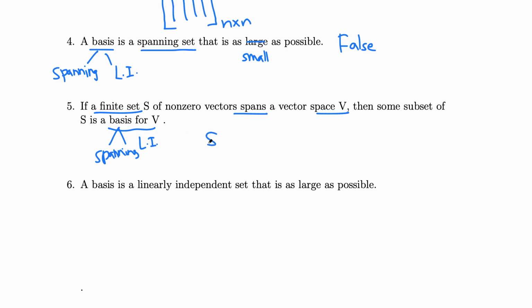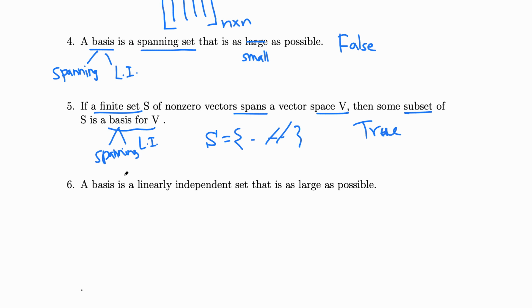Then if this collection is linearly independent, then this is a basis. But if it is linearly dependent, then we can cross out couple of terms and it still spans, and this will be linearly independent. So this is true. The subset, yes, true.